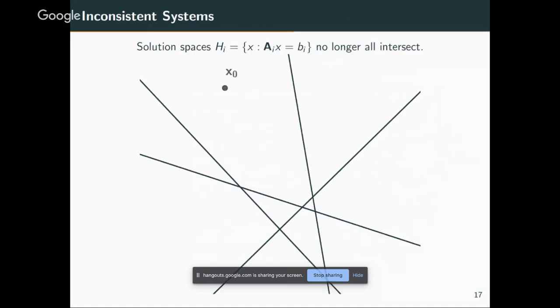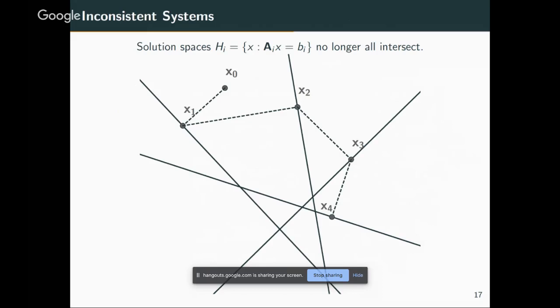So geometrically, what happens when we have noise in the system is that the solution spaces with respect to each row no longer all intersect. In particular, there will be at least one of these solution spaces that doesn't intersect the least squares solution. So if we again go through the randomized Kaczmarz method, selecting a solution space, projecting onto that specific solution space, picking another, projecting on, we initially have convergence that looks similar to the original Kaczmarz method applied to a system without noise.